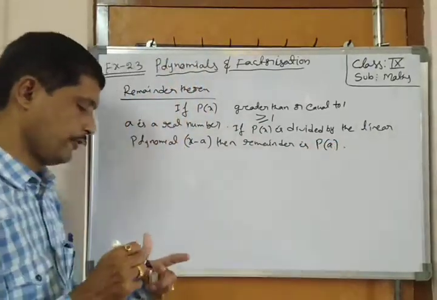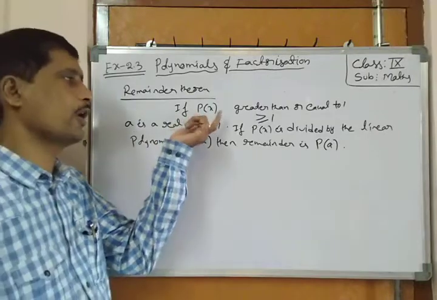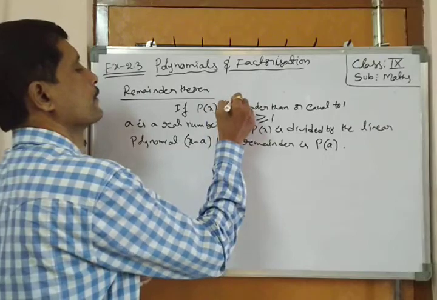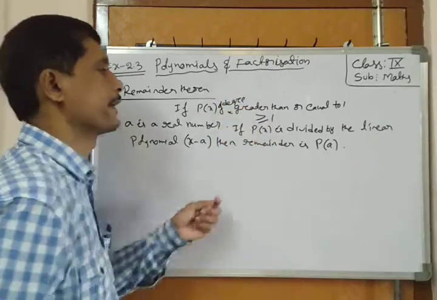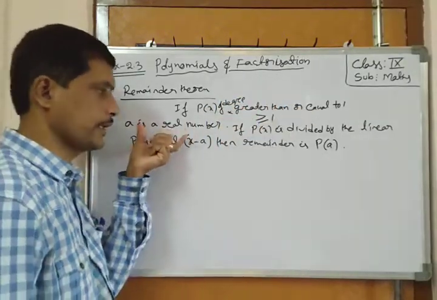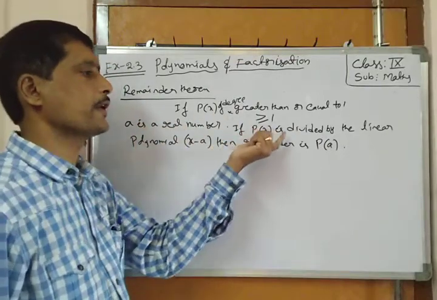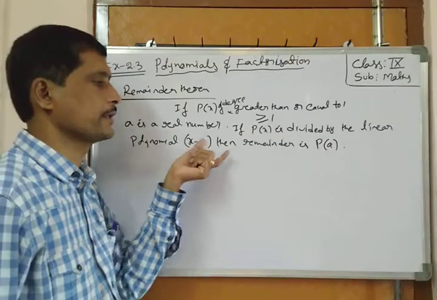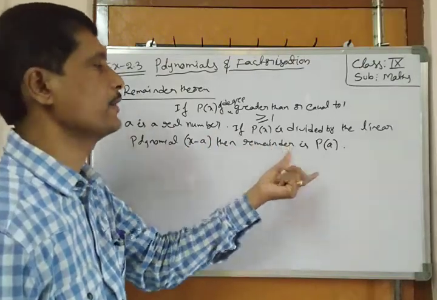Here see, if p of x is a polynomial of degree greater than or equal to 1, if a is a real number, if p of x is divided by the linear polynomial x minus a, then the remainder is p of a.